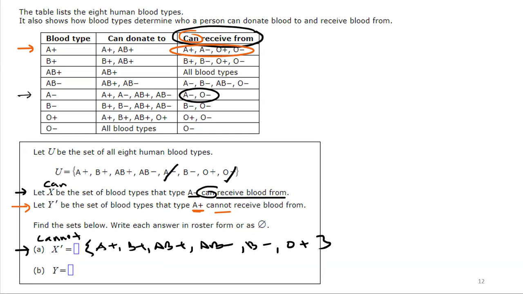And that's what we want because we just have a regular Y. Y prime means cannot, but regular Y means I can. Who can I get blood from? That would be what's listed on this chart. So that would be A positive, A negative, O positive, O negative.